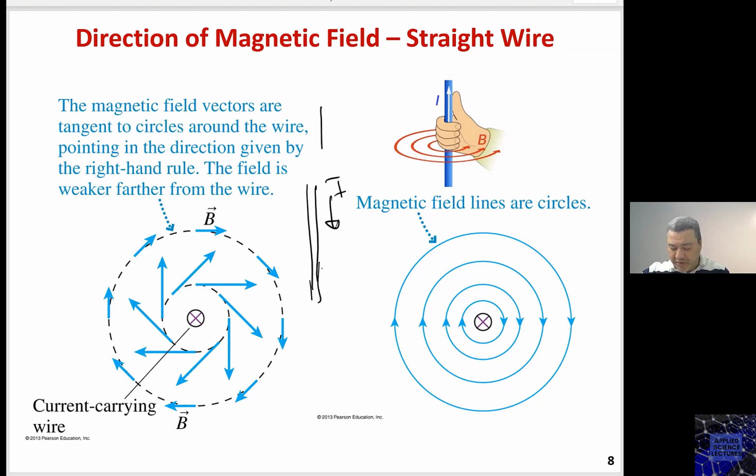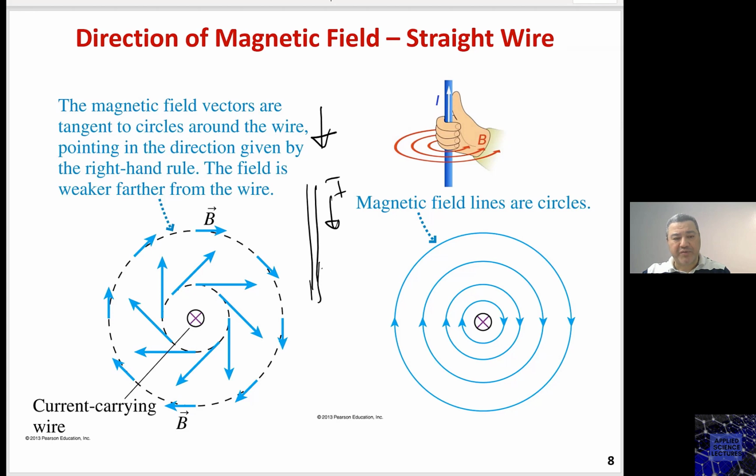Now, if I look here from the top, this is what I'm going to see. The magnetic field generated by this wire is going to be circular in shape, as you see here.